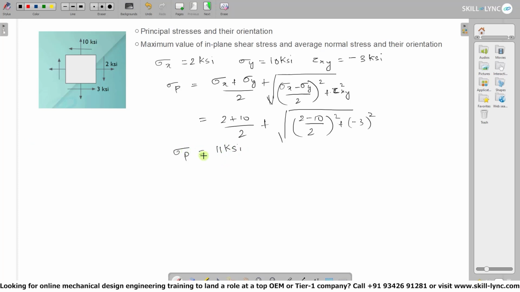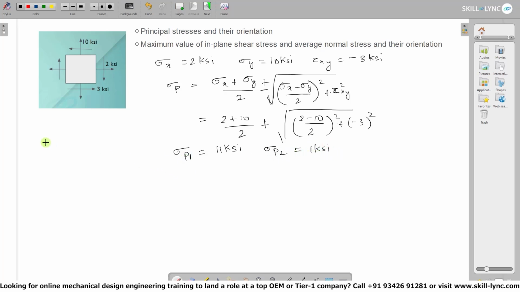This is for sigma p1. We know that this formula is a plus or minus formula, so we first did it for sigma p1, considering the positive sign convention here. In the same way, for sigma p2, using the negative sign convention, we'll get the value 1 ksi. We got both p1 and p2.